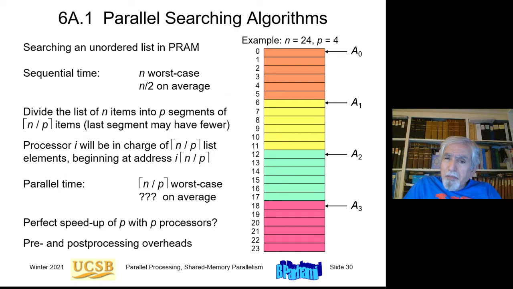The expected running time is very close to the worst case running time of n over p. Still, n over p is a factor of p over 2 faster than n over 2. Okay, so we have basically linear speedup with p processors.